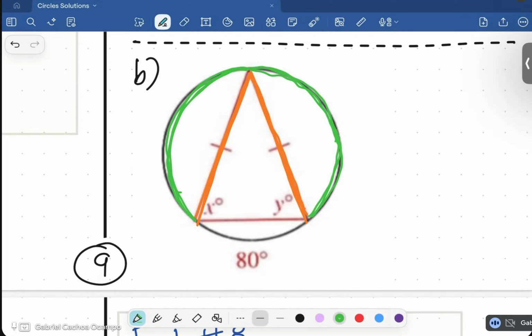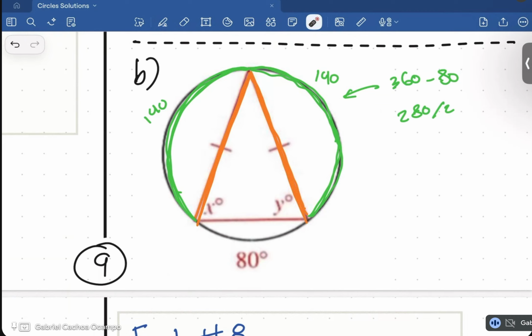These two green chords measure the same. And how much do they measure? Well, I just need to do 360 minus 80. 360 minus 80 is 280, and I need to divide it by 2. So this is 140 and this is 140. Do you agree with me? And now observe something.